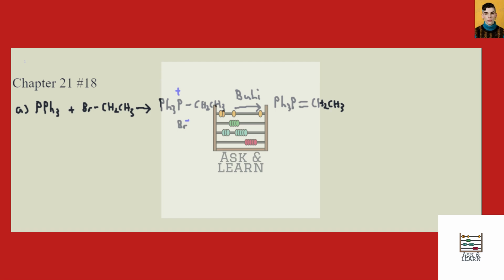So B and C are going to follow exactly the same form, where we treat triphenylphosphine with our desired alkyl halide, and then treat that product with butyllithium to get our final product. So for B, looks like we're trying to add an isopropyl type group.